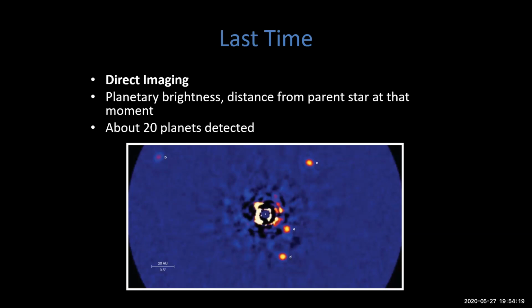This technique will probably keep increasing as technology gets better and better. For now, this is still pretty tricky. The planets have to be huge in order to be detected, just because they need to reflect so much light for these instruments to detect them. But I expect this will get better and better.